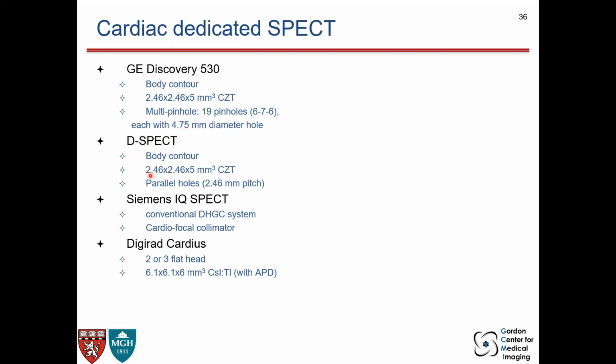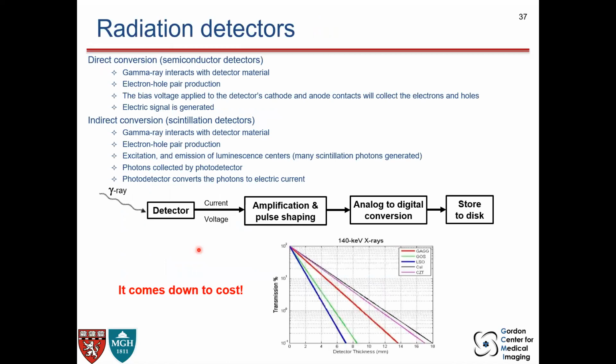The other one, DSPECT, uses parallel holes, but with a very smart design. And because of the material that they use for the radiation detector, they cost about 3 times more than the conventional dual head gamma camera, about $750K. And the Siemens IQ system and the Digirad cardiac system, I'm going to dedicate one slide to each of them.